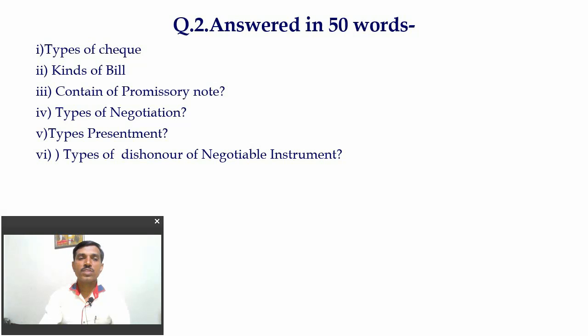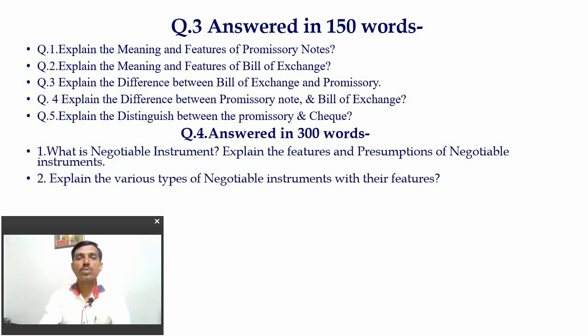The types of negotiation, the non-acceptance, non-payment, types of presentment, the types of dishonor of a negotiable instrument. There is non-acceptance and non-payment. So types of dishonor: this question asks for 50 words or a short note.